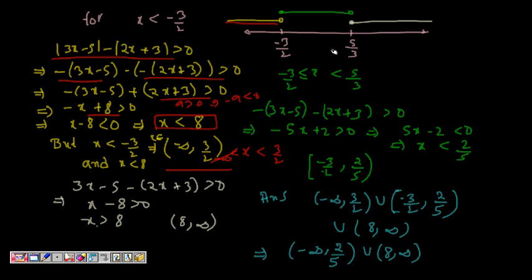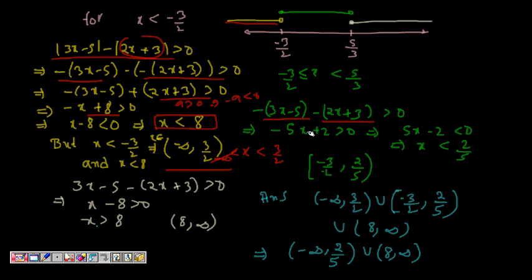So next we consider the green part where minus 3 by 2 is included and 5 by 3 is not included. So we can write that, because it is on the right of minus 3 by 2, it will be positive, so we write like this, and this again is on the left of 5 by 3, so it is less than 5 by 3, so we write minus 3x minus 5.